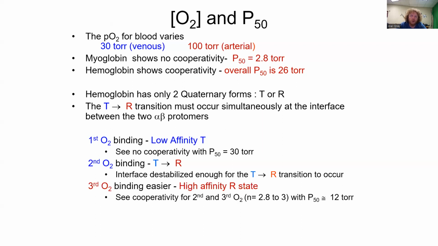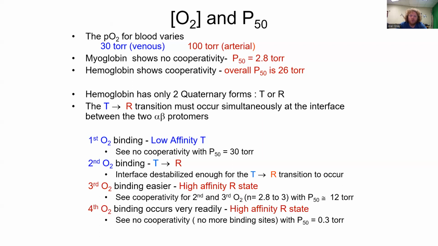Our third O2 molecule is going to be a little bit easier to bind to because now we're in that R state that has a slightly higher affinity. So what we see ultimately is our fourth O2 binding occurs very readily with our high affinity R state. We see no cooperativity and our P50 is 0.3 torr. So what we're seeing here is that P50 is decreasing ever so much.